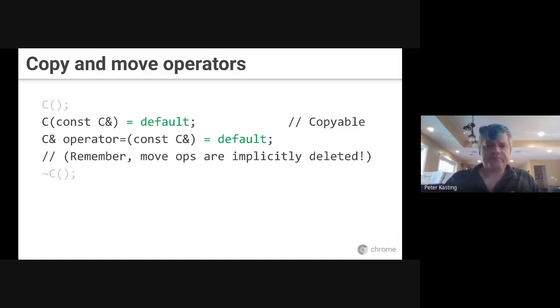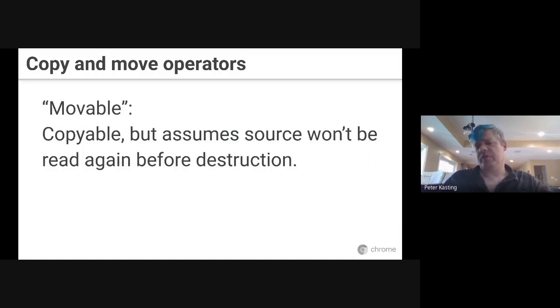Now, movable, which is a trickier concept, is basically copyable, but it assumes that you're not going to ever read the source object again before you destroy it. So I'm going to say that again. Movable is actually copying, but it assumes you won't read the source again before you destroy it.